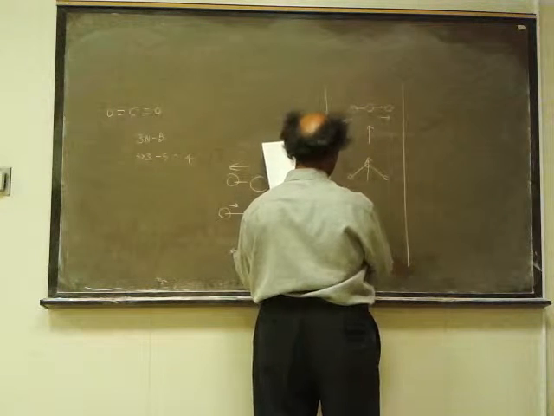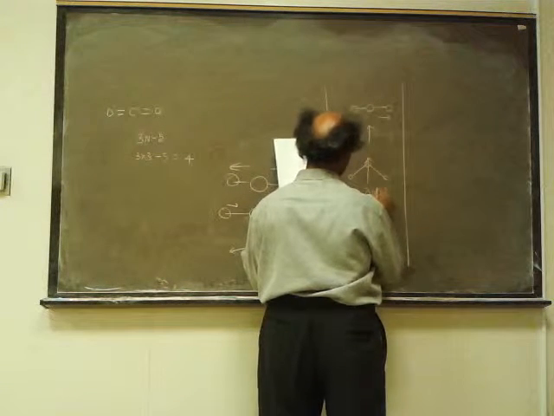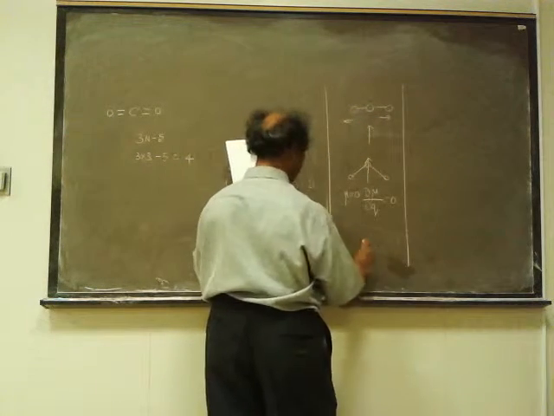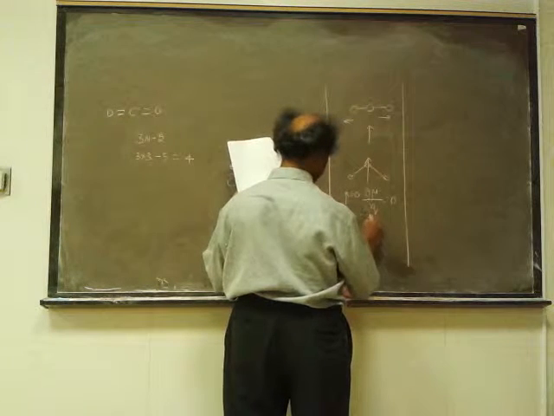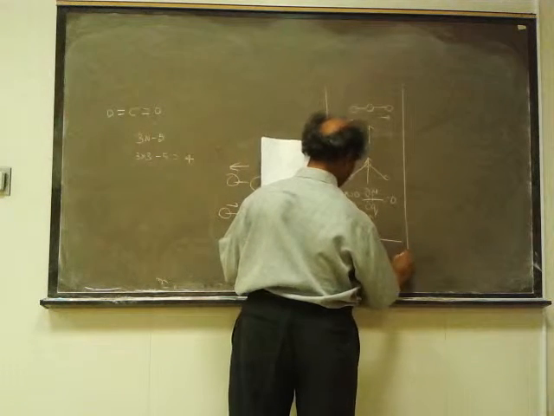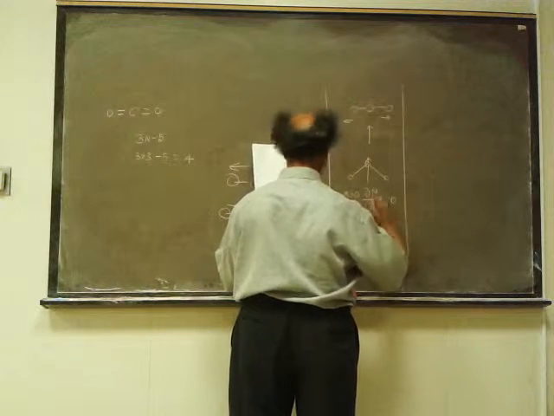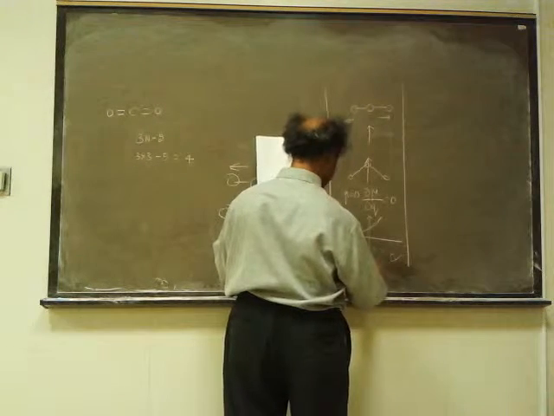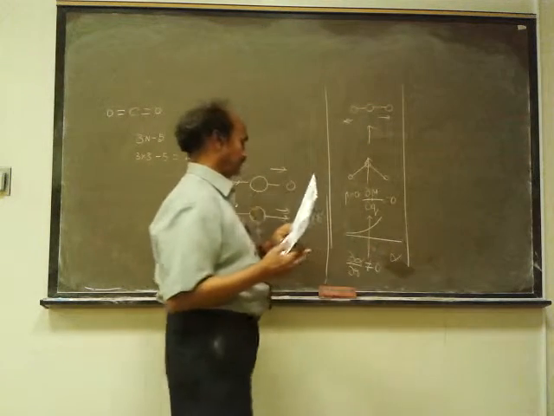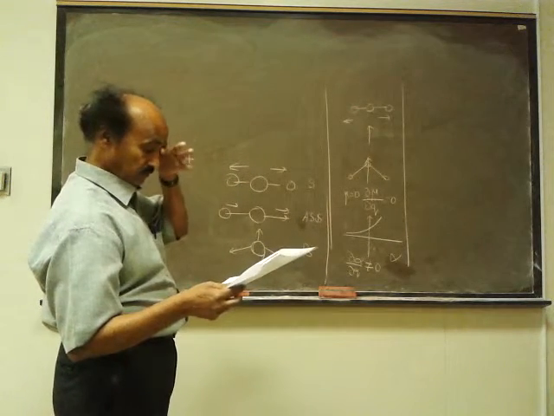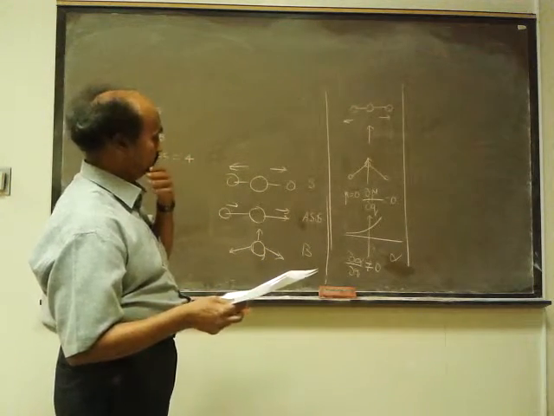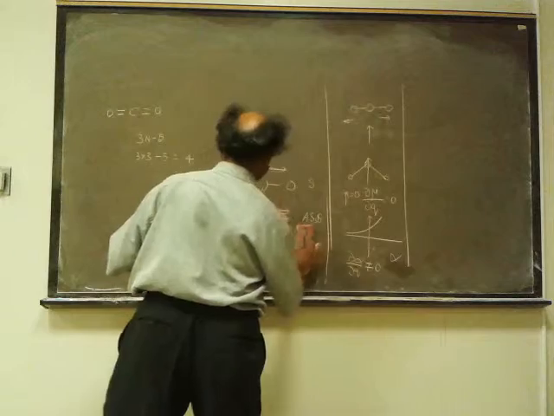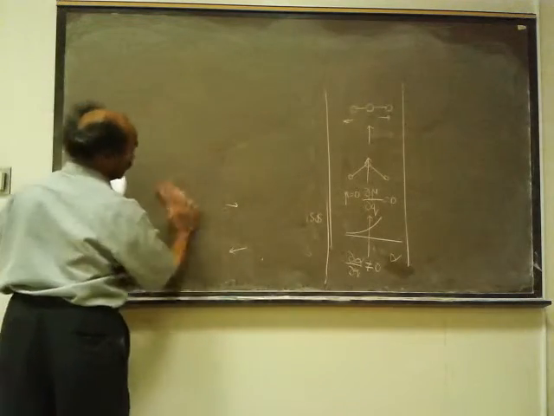Then mu is 0, so dmu by dq is 0. On the other hand, the alpha is like this, so dalpha by dq is not equal to 0. Just remember this one. With this, we will explain a few more things and then we can come back.